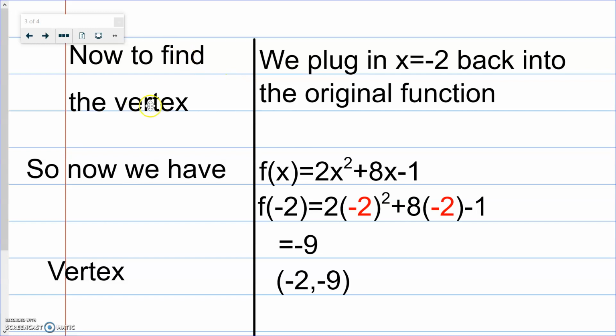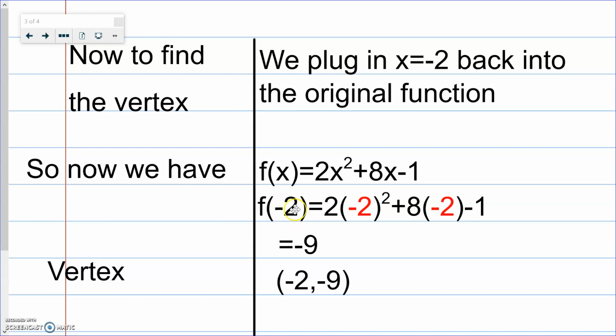So to now find the vertex, we plug in x equals negative 2 back into the original function. Our function is f of x equals 2x squared plus 8x minus 1. Everywhere there's an x, we're going to plug in the negative 2 we got out. So the way we write that is f evaluated at negative 2.